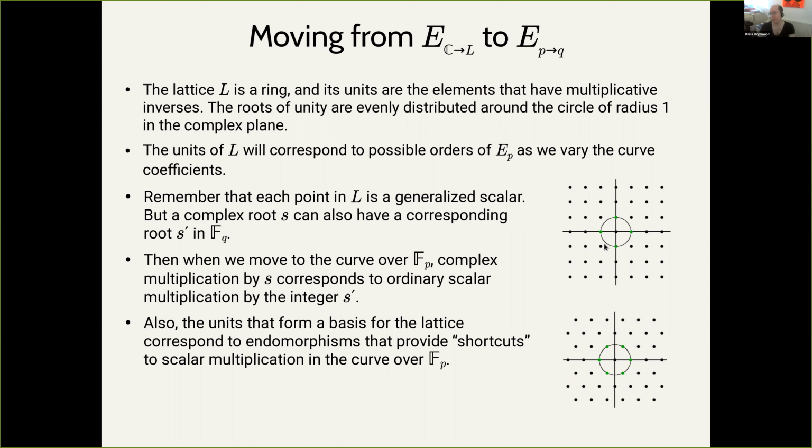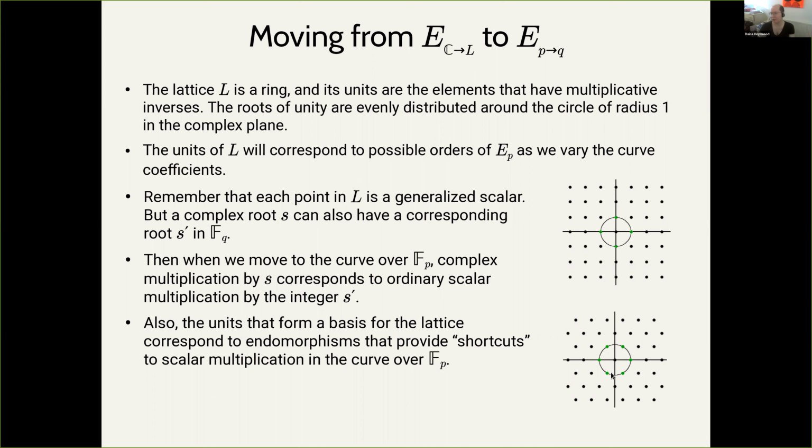And if we count the number of those, then that corresponds to the number of possible orders of our curve as we vary the curve coefficients. So in this example, the equation is y squared equals x cubed plus b.